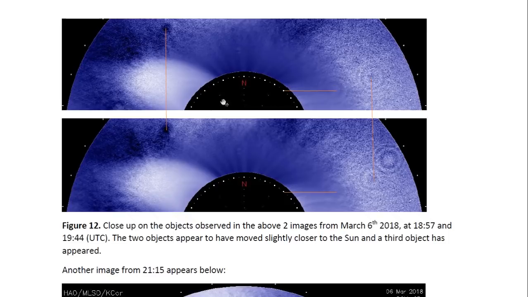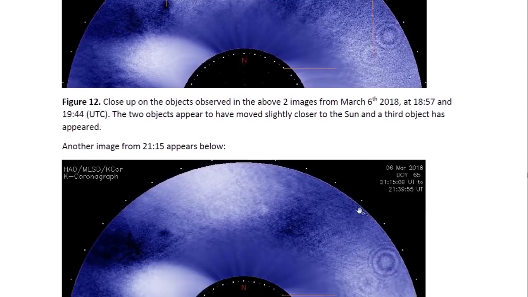Now here I have estimated how all these objects have moved. This one doesn't appear to have moved. This one seems to have moved closer to the sun. So has this one, and this one has appeared. So both of these have moved closer to the sun.